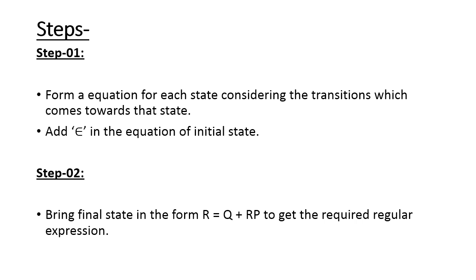Whenever you write the equation for the initial state, you will add the epsilon. And whenever you write the final state, write it in the form R equal to Q plus RP. I told you earlier you have to make the regular expression in the form R equal to Q plus RP so that you will get a unique solution. What is the solution? R equal to Q into P star.